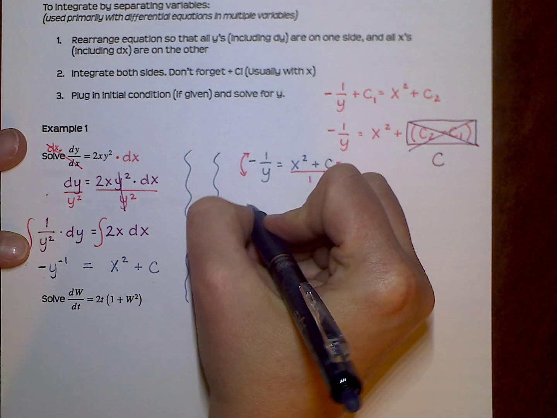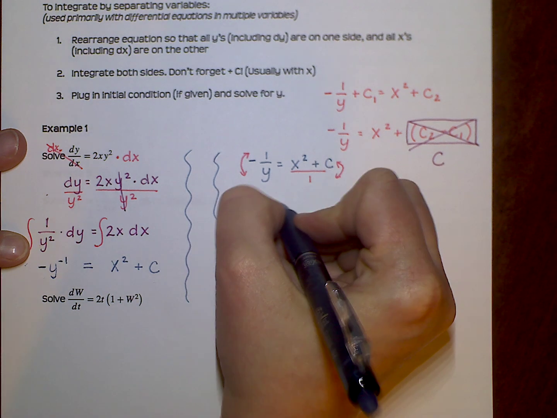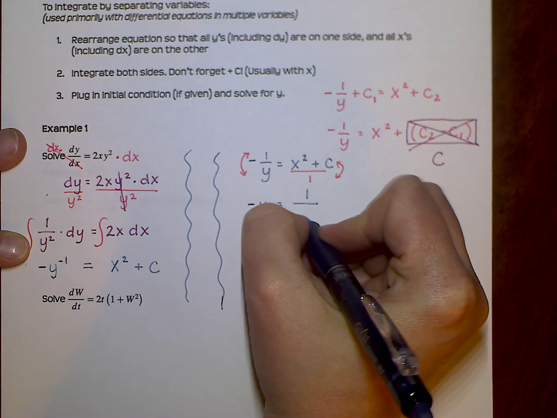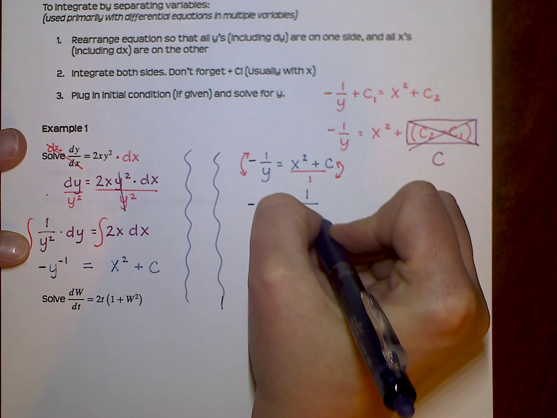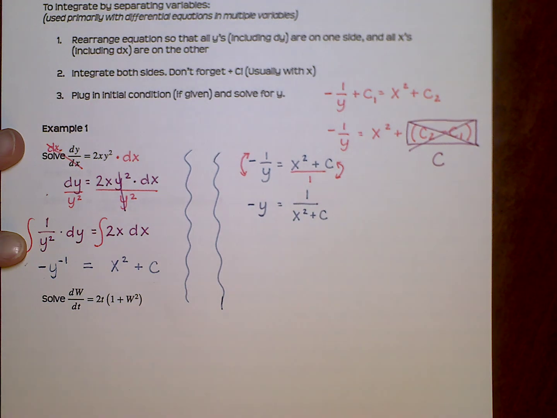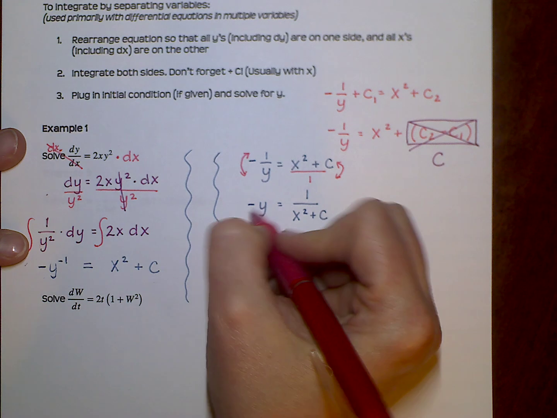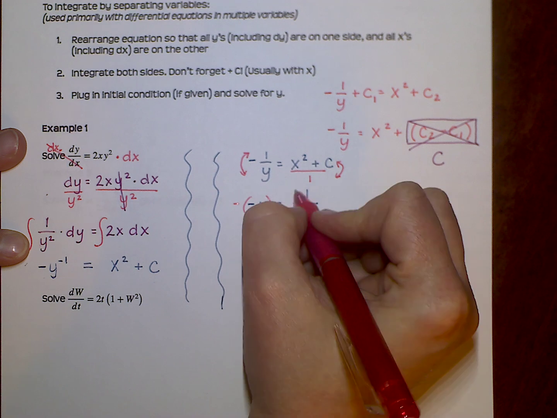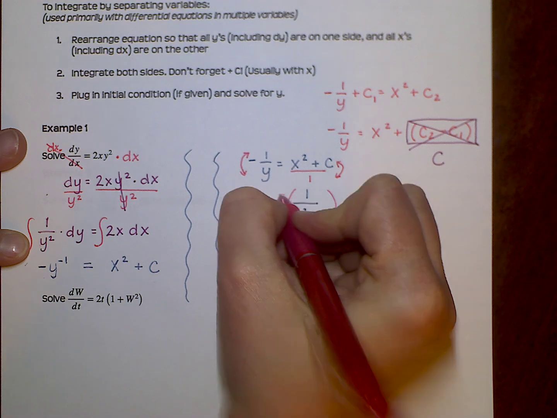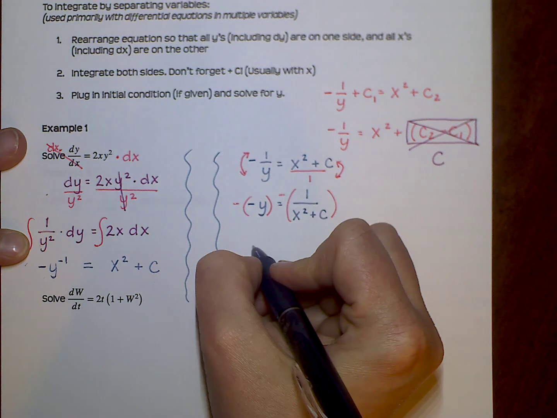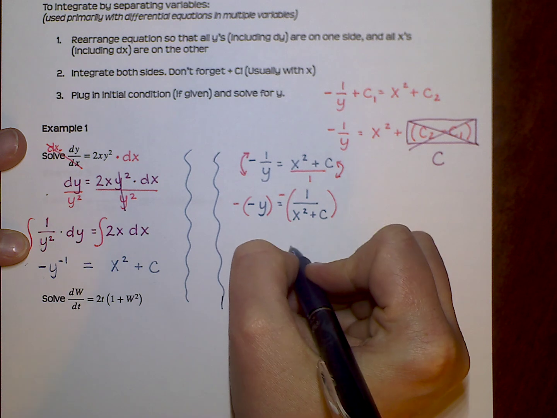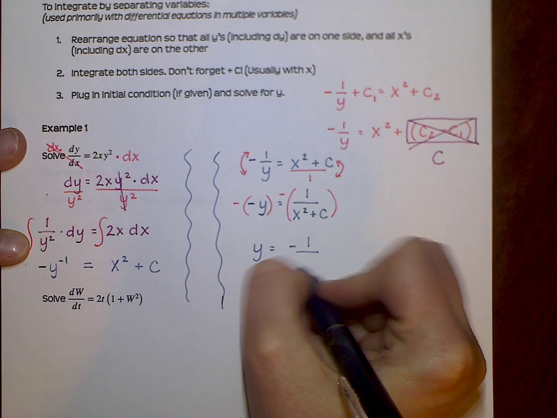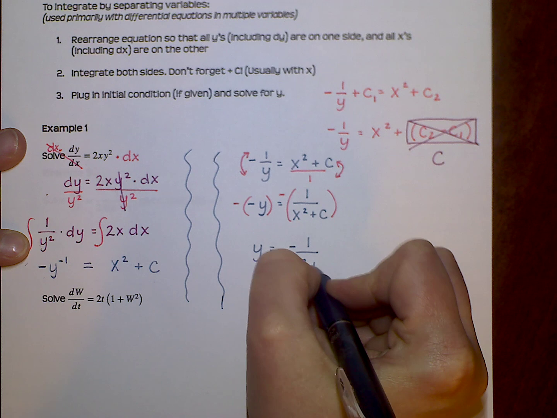So I'm going to make this -y equals 1 over x squared plus c. And then I'm going to multiply by a -1 on both sides, and I'm going to end up with this equation: y equals -1 over x squared plus c.